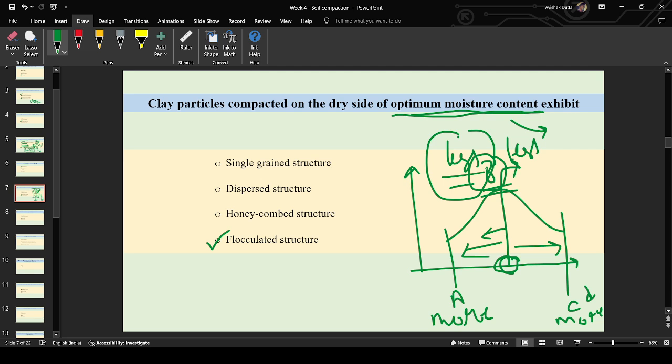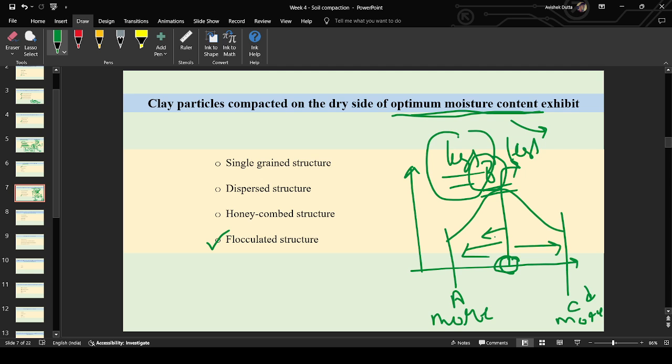A and C are more important than B. Since the textbooks mention the dry side and wet side of the optimum, being on the dry side or the wet side might be more important than being at the optimum, because the optimum moisture content is something we seldom use in the field.